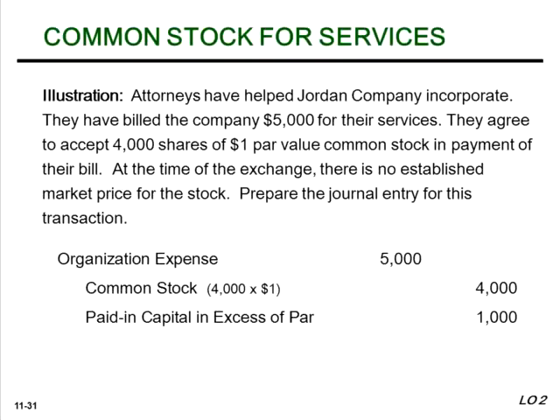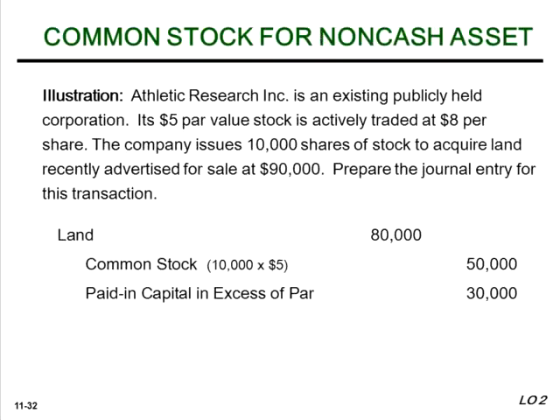So what's going to determine the value of this transaction is the amount that the attorneys billed to Jordan, which is $5,000. So we're going to debit organization expense for $5,000, credit common stock for the par value of $4,000, and then credit paid in capital in excess of par for the difference of $1,000.